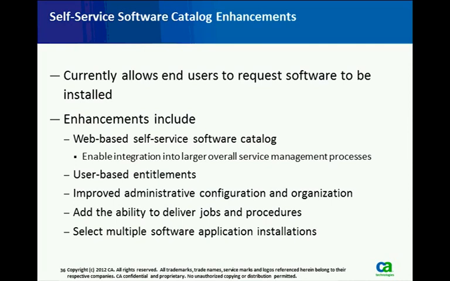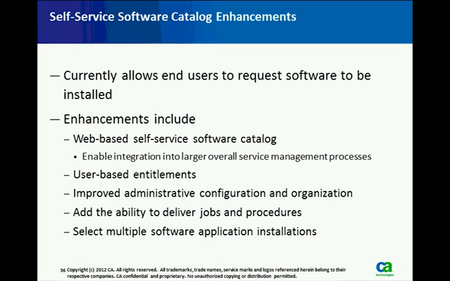So right now, it just lists the packages that are in your software delivery library. We're adding changes that will allow you to define user-friendly names for software packages that are in your library. It will allow you to categorize those. So if you have a number of different browsers a user can choose from, it's not just an alphabetized list of your packages anymore.